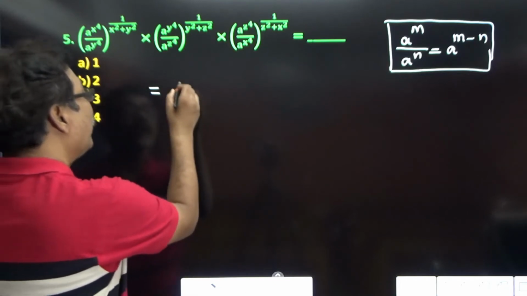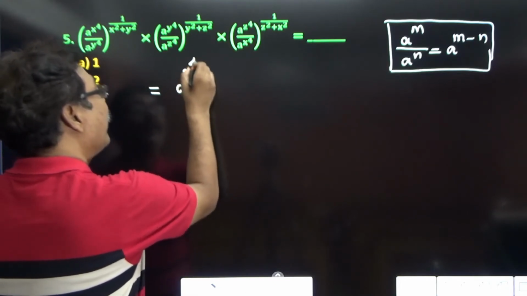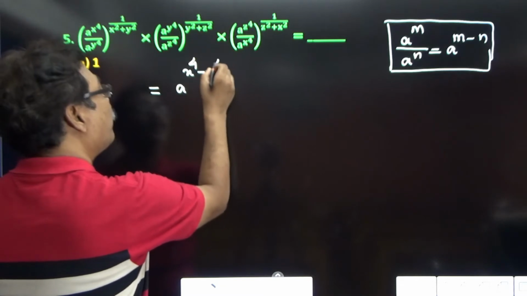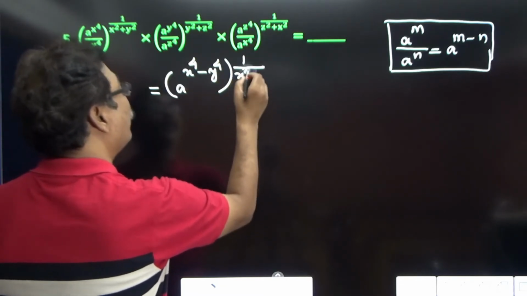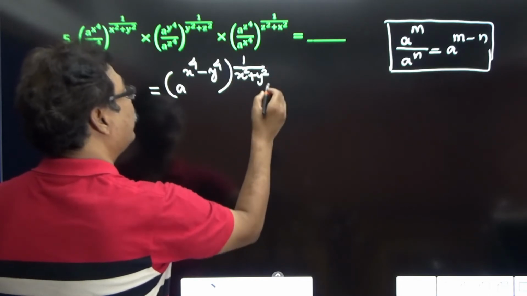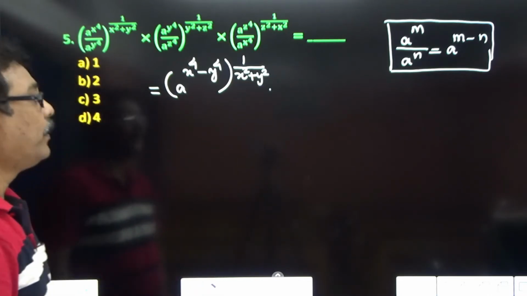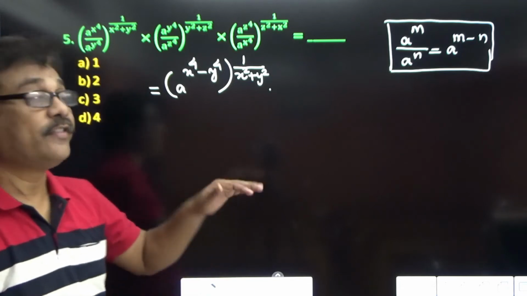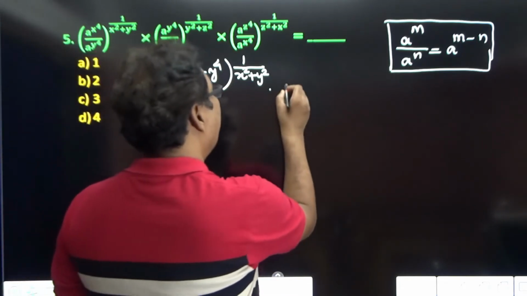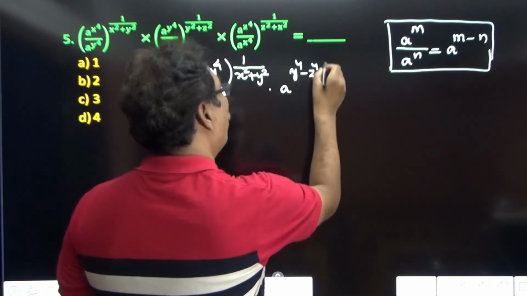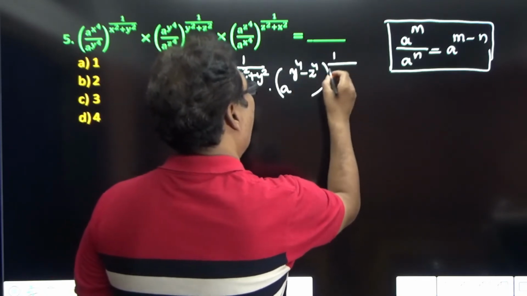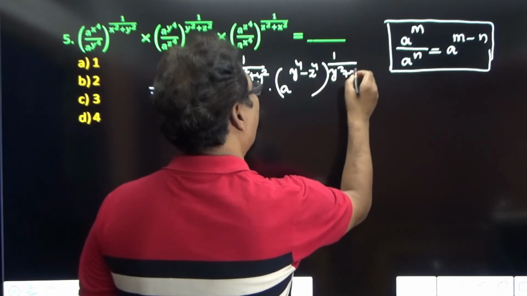So it gives me now a^(x⁴ − y⁴), whole to the power 1/(x² + y²). So that is what we are getting here. This is the first one. For the second expression, I can write a^(y⁴ − z⁴) into 1/(y² + z²).